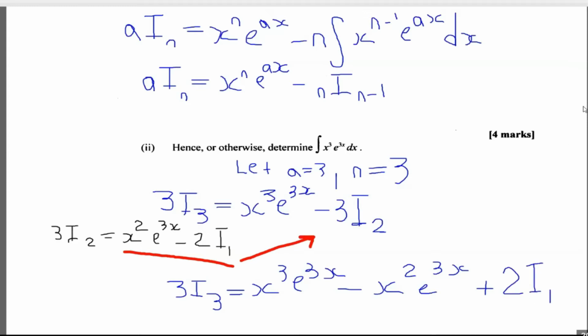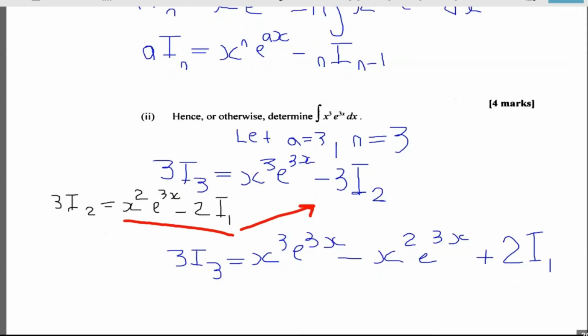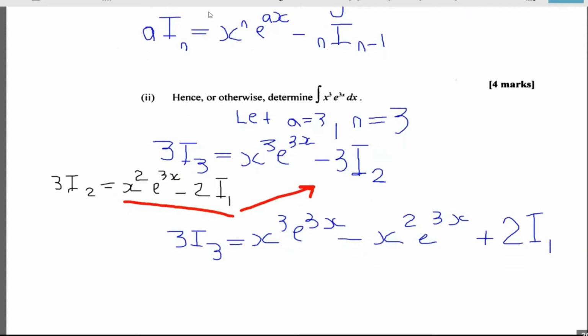So now we're going to need to work out what is I1. Let's go ahead and work out I1 for ourselves now. So to work out I1, again, I'm going to do it in black.